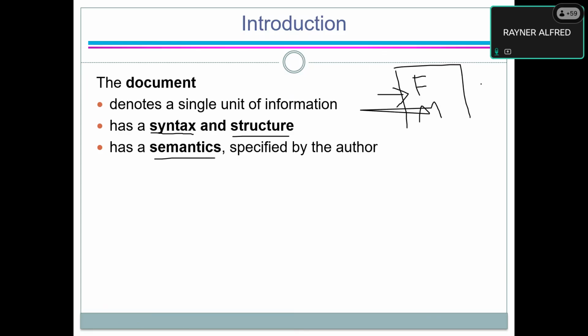So how do we actually extract this information, given that the system you develop should be able to know what the format is and which term carries more information. So that's why we need to know the syntax and structure, the grammar and the format of your document. And at the same time we also need to be able to see which terms are more important, which terms can be used to retrieve the document.